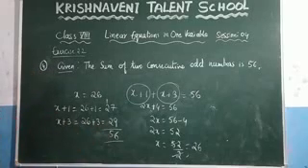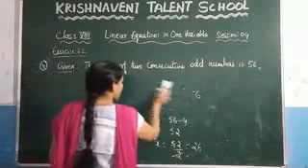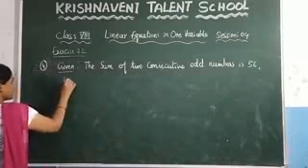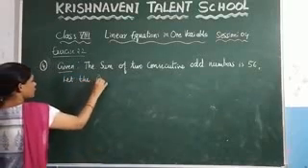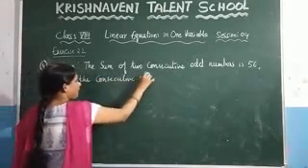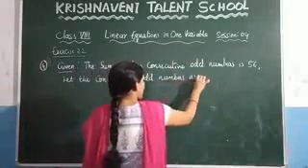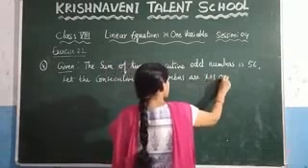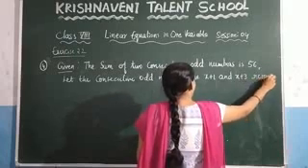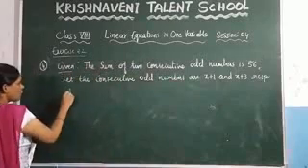Now, write the solution. Write it here. Let the consecutive odd numbers are x plus 1 and x plus 3 respectively, and according to the problem, how you can write?